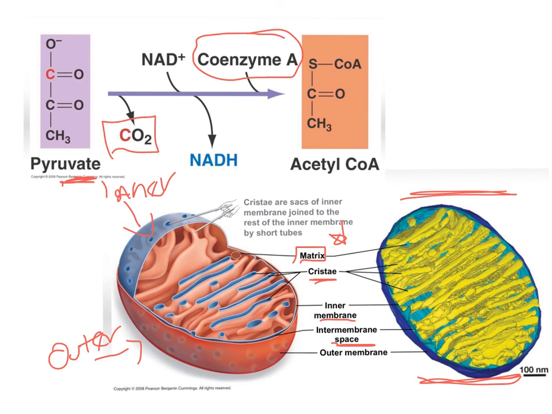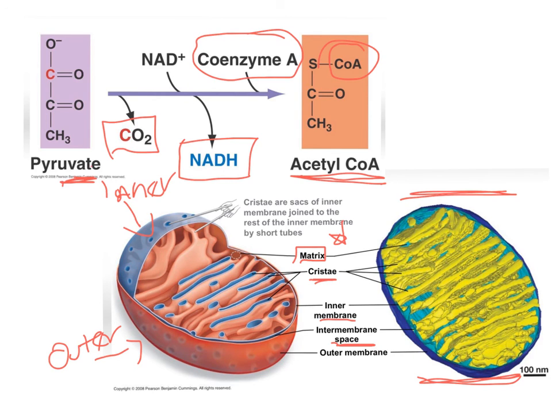So what we do is we convert this pyruvate into something called acetyl CoA, or if you're British, acetyl CoA. But notice we've taken pyruvate, stripped it of a carbon dioxide, so we're left with this acetyl group, and we attach it to a coenzyme A. And as I said before, no energy is generated in doing this, but we get a little NADH, which again, every little NADH counts because we need electrons later on, right?